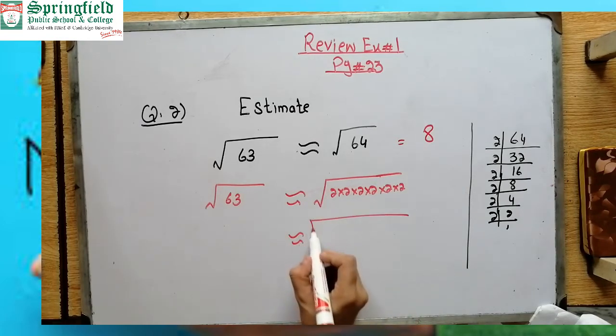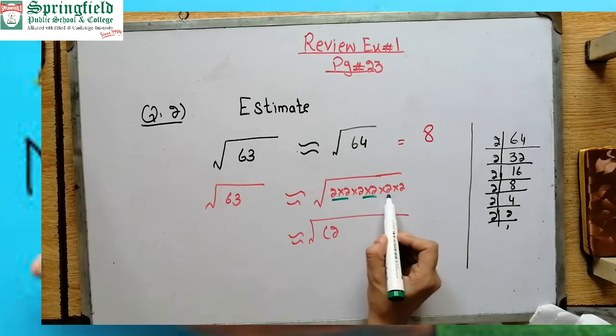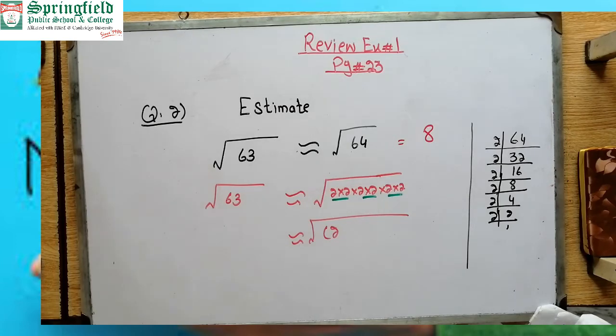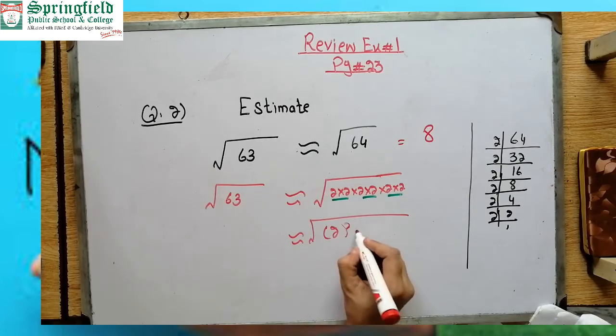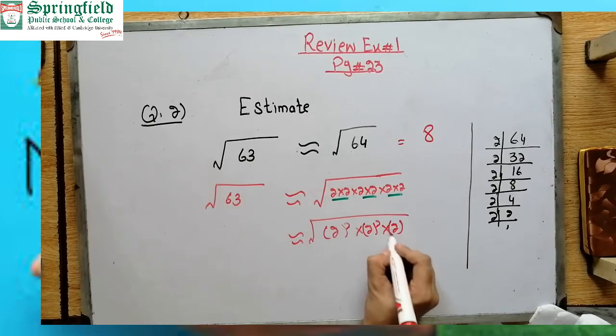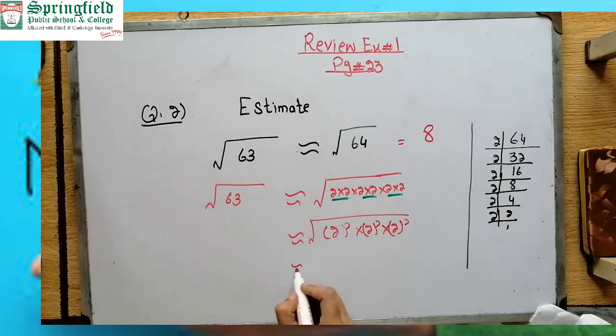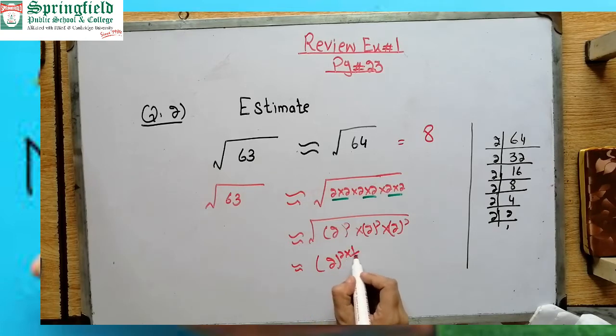Then we will make the pairs. 1, 2 and 3 pairs: 2 square, 2 square, 2 square. And as we know that the value of square root is equal to 1 by 2, put the value of square root and remove the symbol of square root. So put the power on each number.